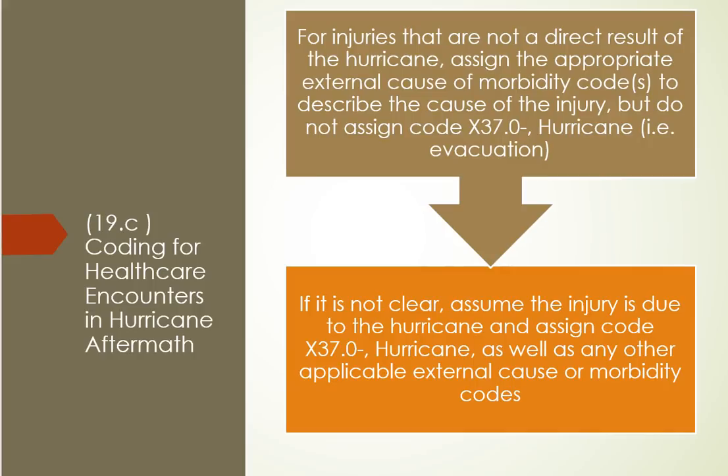Now, if it is not clear whether the injury was a direct result of the hurricane, assume, and this is what the guidelines say, folks, assume the injury is due to the hurricane and assign X37. Now, in addition to the X37 codes, there are some other possible external cause codes like bitten by a dog, exposure to excessive heat, exposure to excessive cold, as well as a flood code.